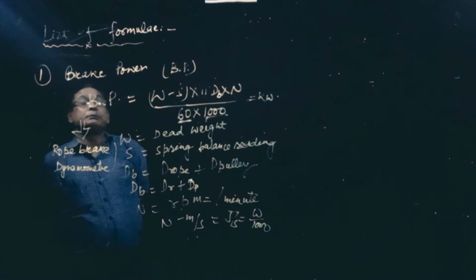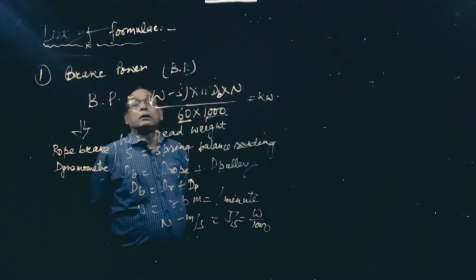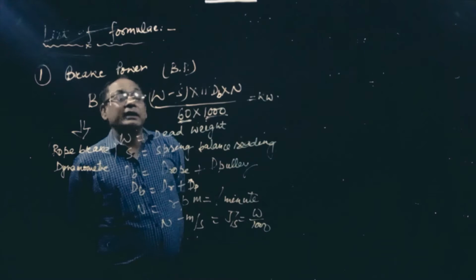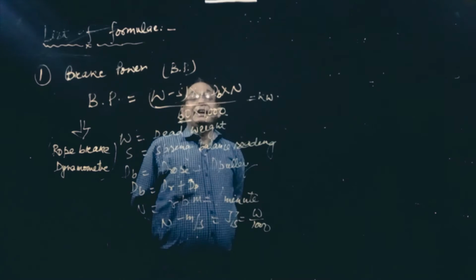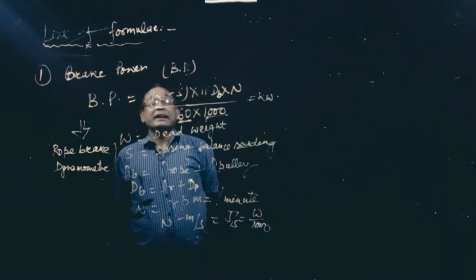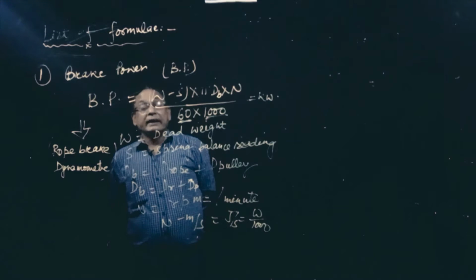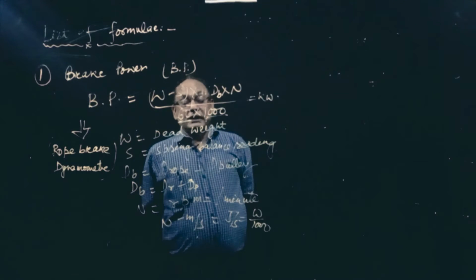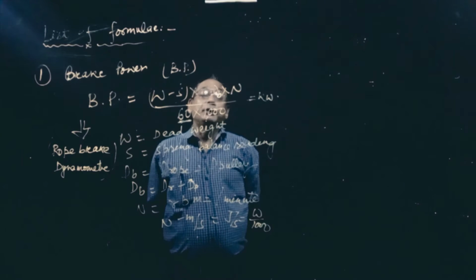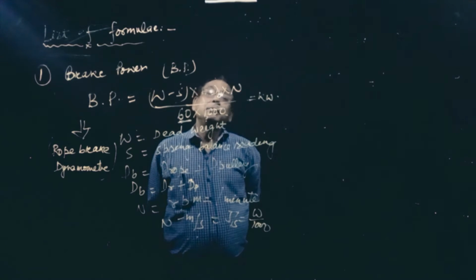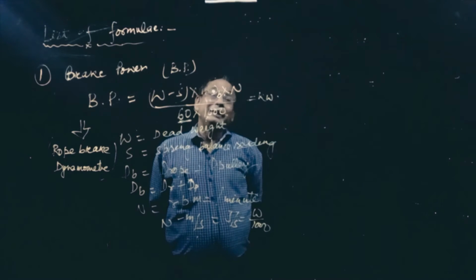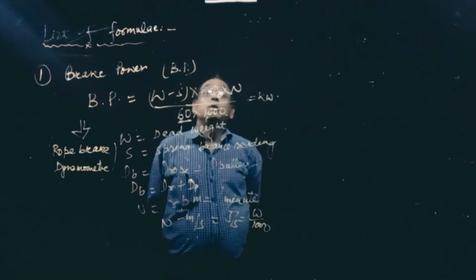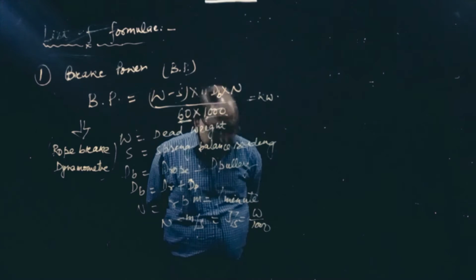Rope brake dynamometer: brake power will be equal to dead weight minus spring balance reading into pi d brake. D brake means diameter of brake, that may be equal to D rope plus D pulley, that is dB equals dr plus dp, and N is RPM, revolution per minute. They will always give you in RPM, so we have to divide by 60, then we will get watt. If we divide by 1000, it will become kilowatt.